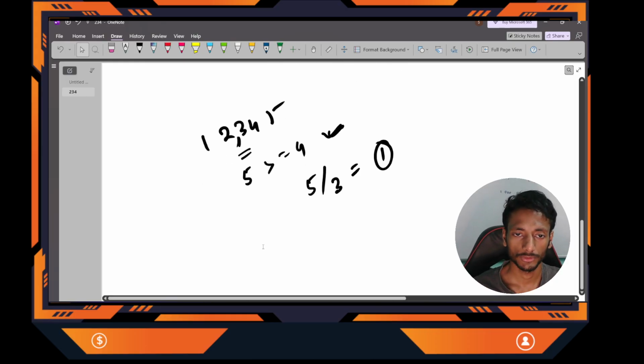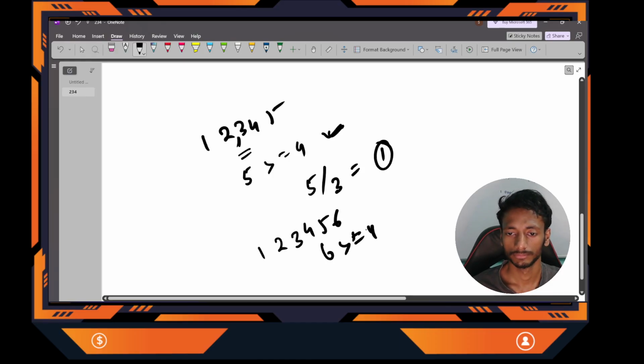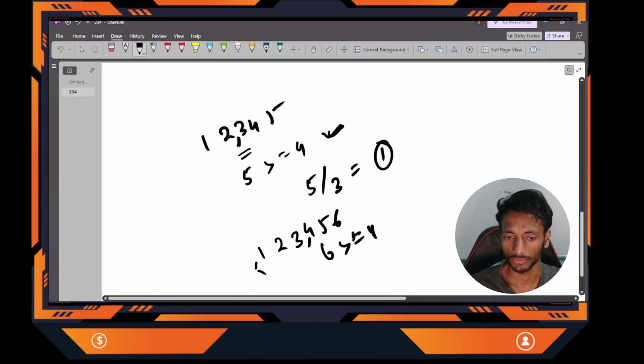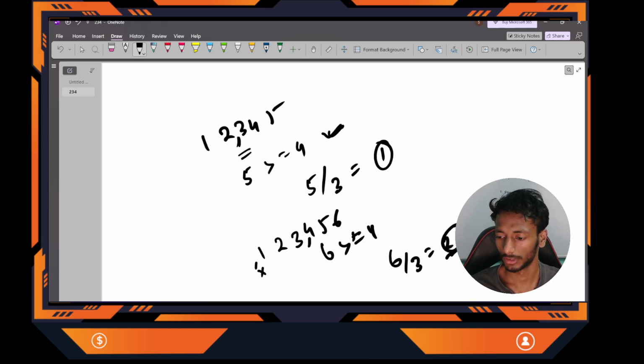Next, suppose we have a 6-digit number, 1, 2, 3, 4, 5, 6. So 6 is greater than or equal to 4. Alright. Visually you can see I can place only one comma here, but if I divide 6 by 3, I will get 2. This is wrong, so somehow we have to handle that.